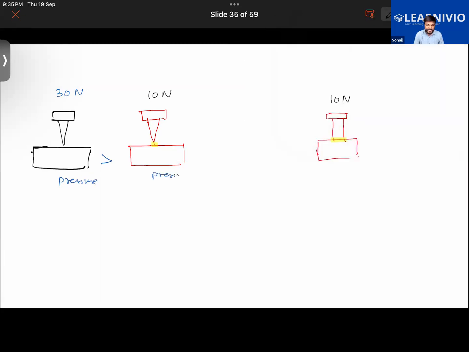Pressure, as we know, is basically force acting upon a unit area. Force determines the pressure: higher the force, higher will be the pressure. Area also determines the pressure: more the area, lesser will be the pressure. Lesser the area, more will be the pressure. Got this, guys?